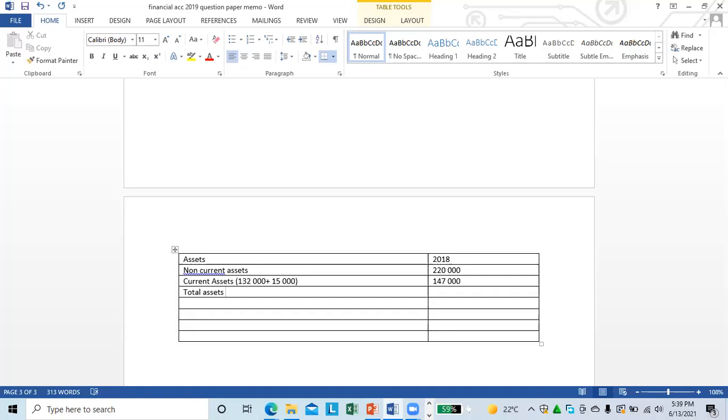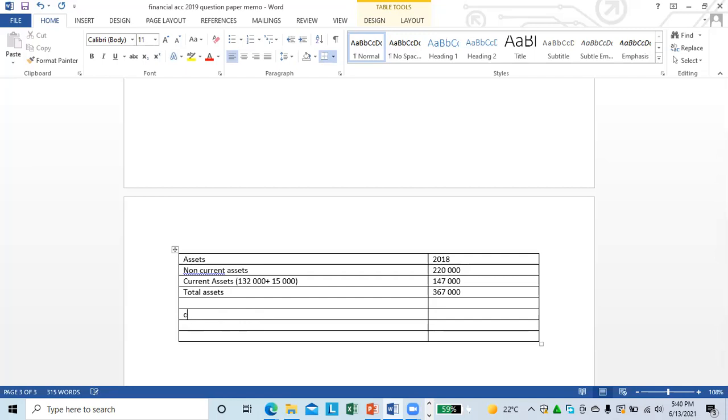And then we have total assets, what will be our total assets? 367,000. And then from there we move on to members' contribution. Sorry, that's not the heading.